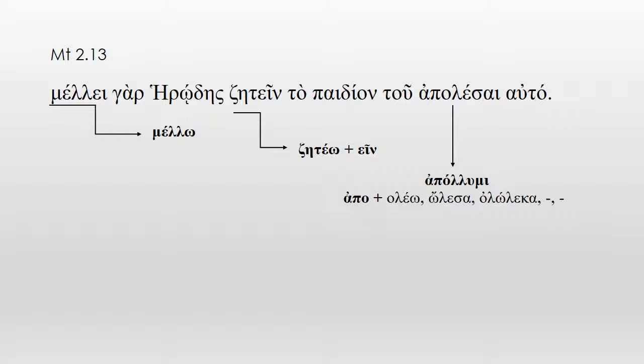Now we have an infinitive ending sigma alpha iota. It's a typical ending also in the aorist active, right? Apolesai. Now let's see, to destroy. Apollumi means to destroy or to ruin.